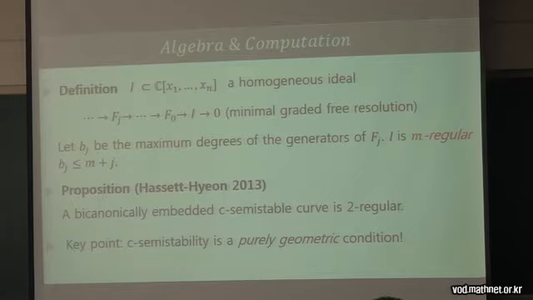And the key point is that the regularity is completely defined in an algebraic fashion. Of course, you know that there is a cohomological formulation, but this is algebraic, and C semi-stability is completely geometry. So from the geometry condition, you're going to get something algebraic.